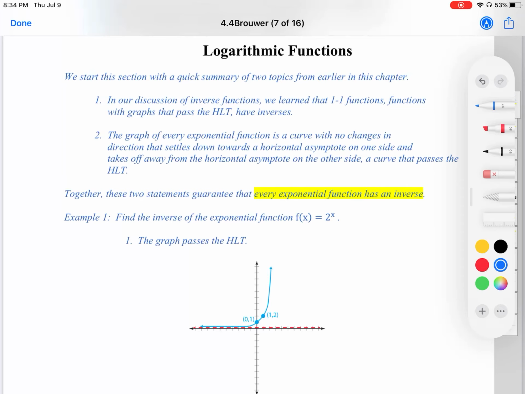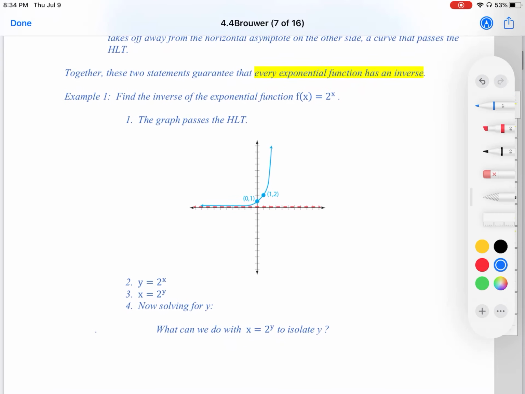Two, the graph of every exponential function is a curve with no changes in direction that settles down towards the horizontal asymptote on one side and takes off from the horizontal asymptote on the other side, a curve that passes the horizontal line test.